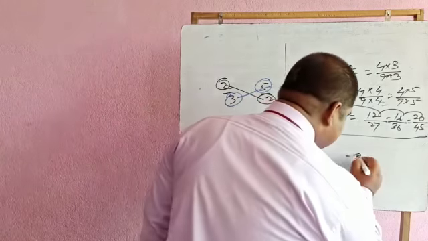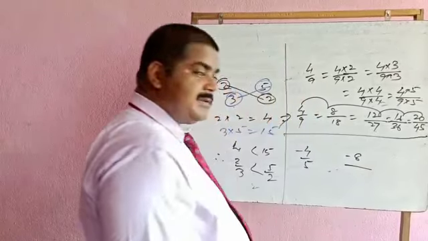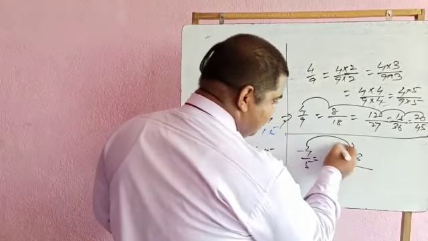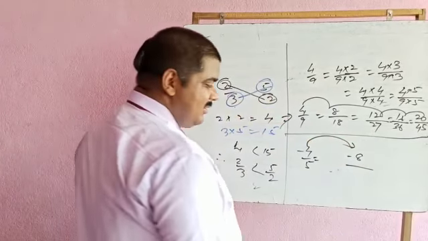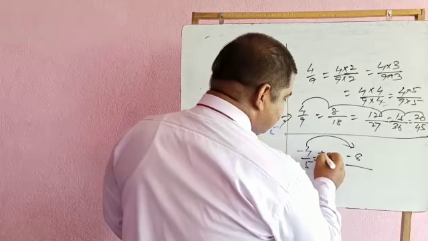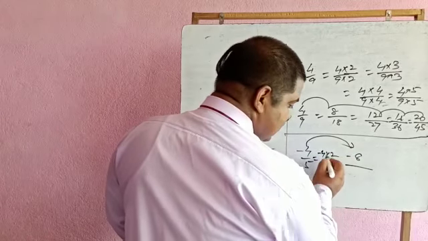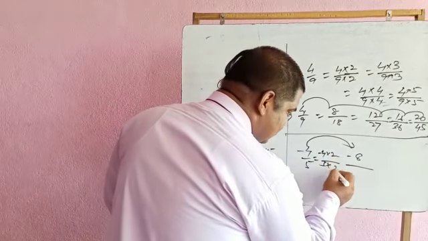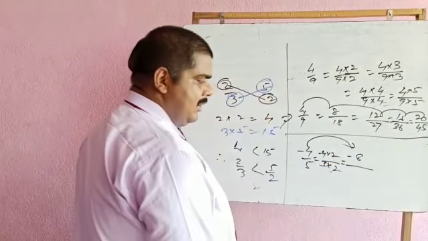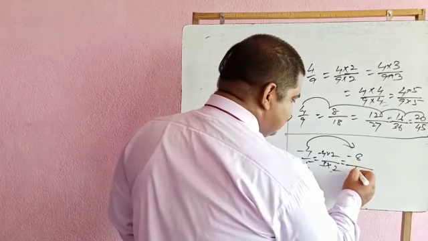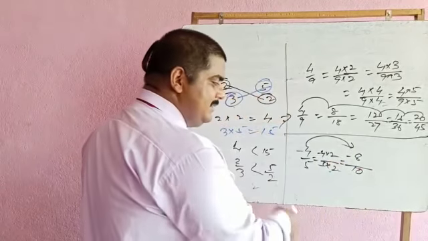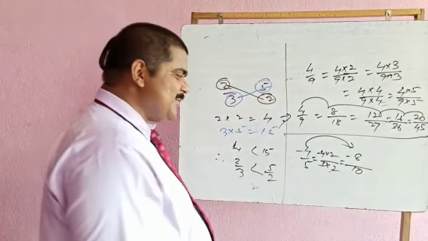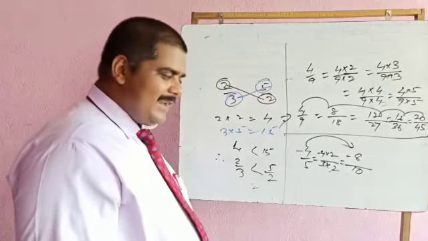My dear student, 4 converts into 8 by multiplying by 2. So minus 4 is multiplied by 2, and you can't multiply only the numerator, so you have to multiply the denominator too. Now it is minus 8 upon 10, so the changed rational number is minus 8 upon 10.